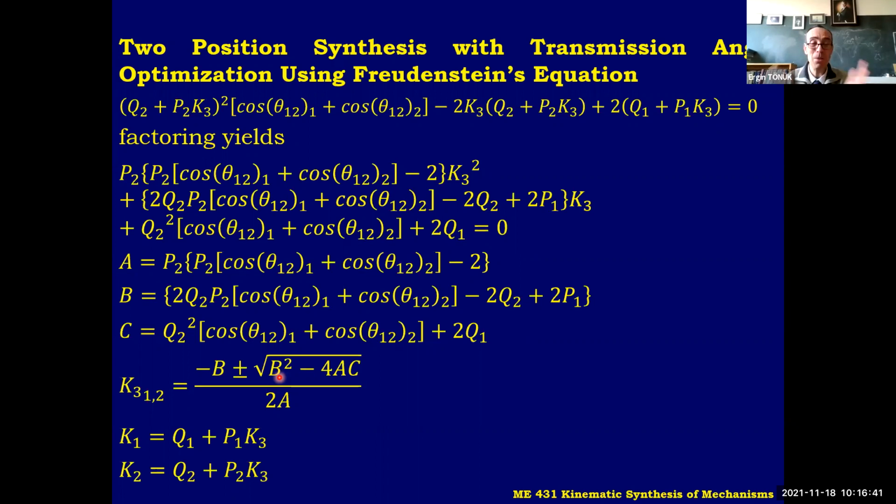We have the mechanism in two positions, but they may be at two different branches. Transmission angle, yes, the deviation at two ends are equal, but we have no control on that delta mu. So it might be something like 75 degrees as well, which is not, again, acceptable. So you have to check all of those, okay? And unless you are very lucky, you won't get a usable result at the first trial. You have to iterate a little, okay?